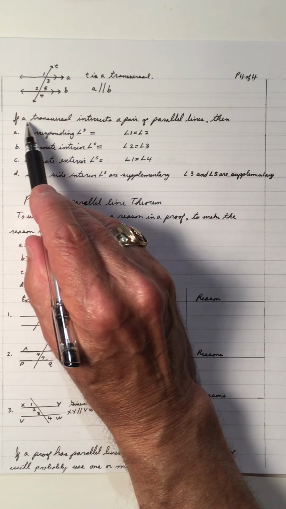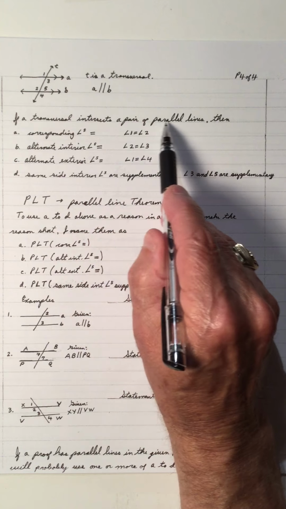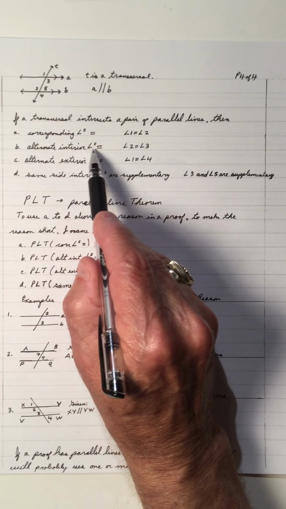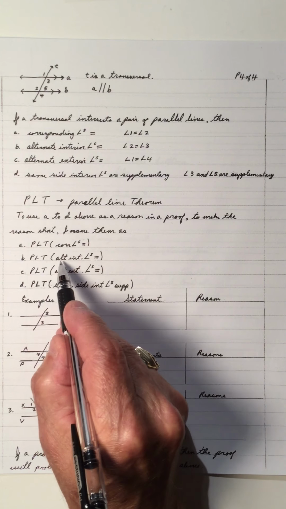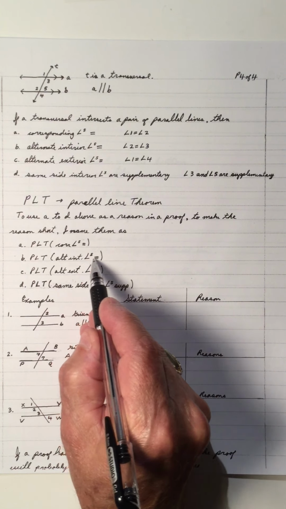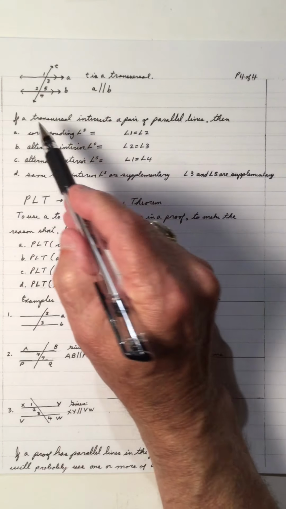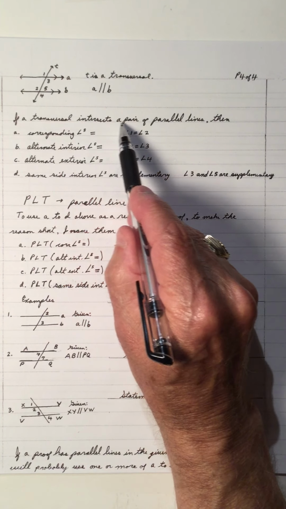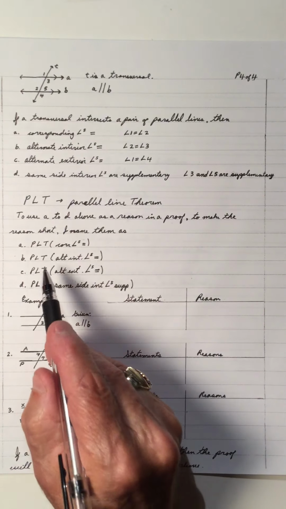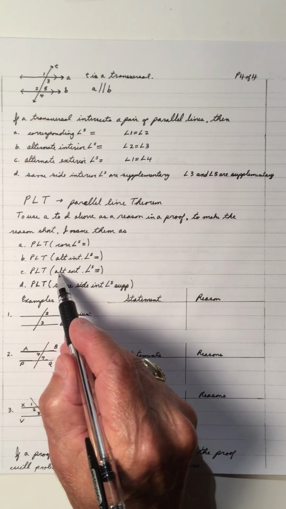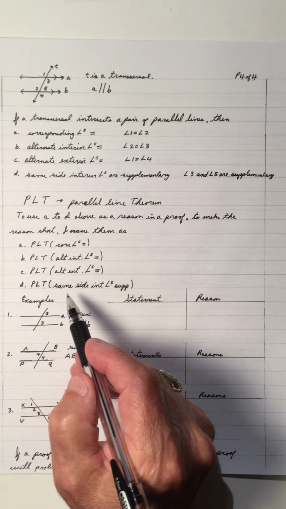Or instead of saying if a transversal intersects a pair of parallel lines and the alternate interior angles are equal, I go PLT, which is parallel line theorem, and say alternate interior angles equal. Or if a transversal intersects a pair of parallel lines, then the alternate exterior angles are equal, so I just say PLT, alternate exterior angles equal.